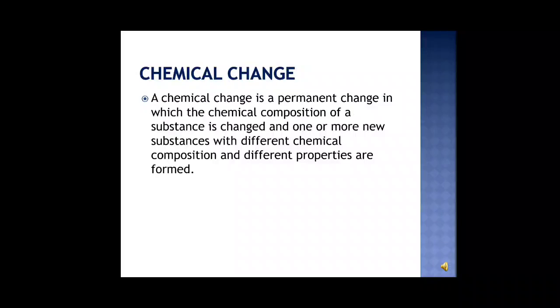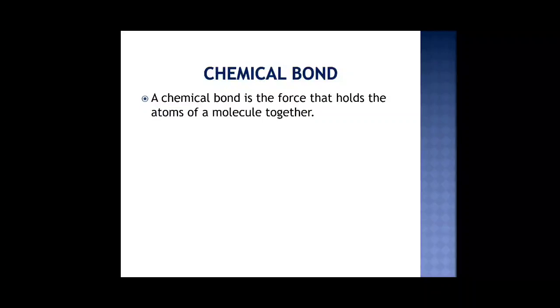So what are you going to learn today about chemical change? We are going to see chemical change, chemical bond, and the factors or conditions that are required for chemical change. So what is a chemical bond?